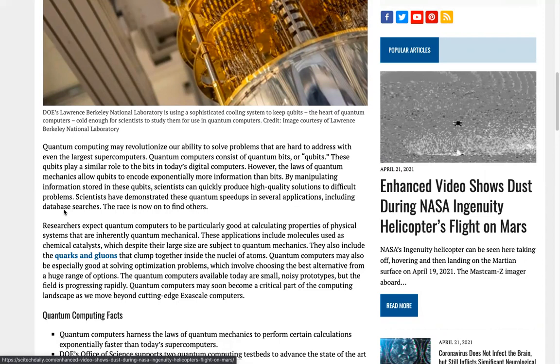The database searches, I did not think of it. I was thinking the applications are huge in terms of chemical research, molecular research, and climate change. But yeah, we can speed up the database searches. Cool.